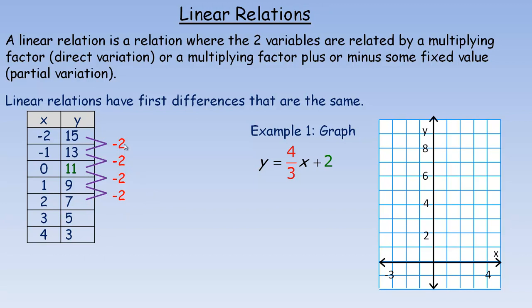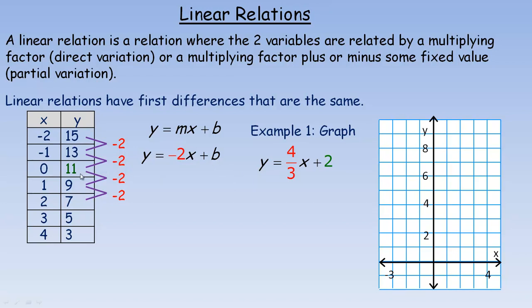Now, as long as these are going up by 1, that is the rate of change for this relation, or the slope. And so if you're using y equals mx plus b, then the slope would be negative 2. And so the only thing we need to find now to know the entire equation relating x and y here is the b value, which is called the y-intercept.